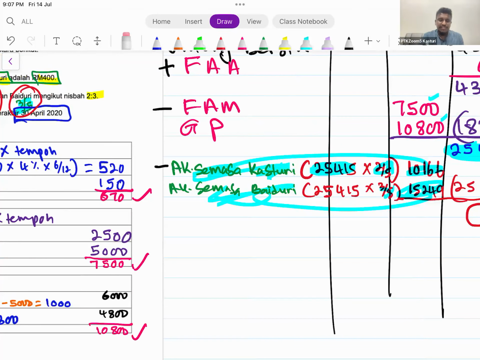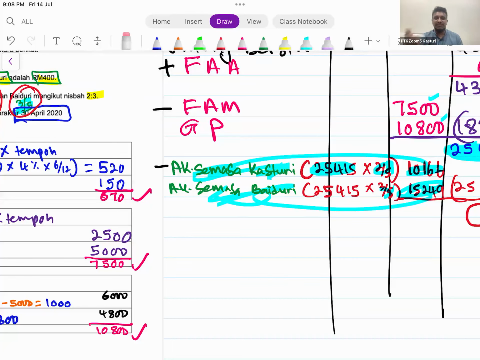Understand? But in case you put the faedah atas sambilan, faedah atas modal, for Kasturi and Baiduri here and do it here, is it allowed? Not advisable because your textbook didn't follow the format. But if you do those, they cannot minus your marks. You still get the full mark in a real SPM. Maybe your school teacher says cannot, but in a real SPM, you still get full marks, but it is not advisable.